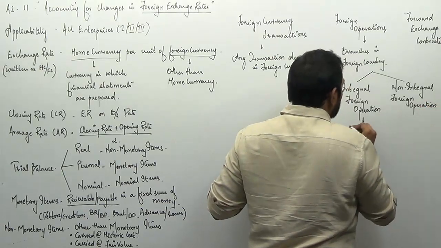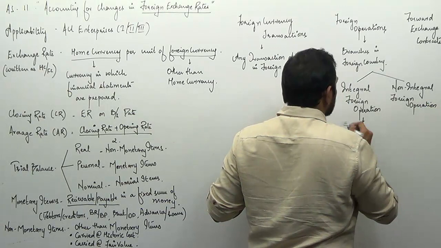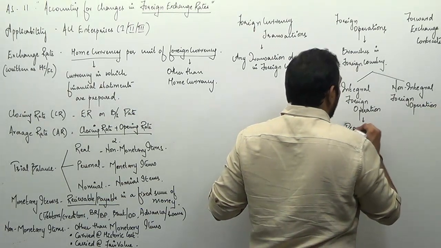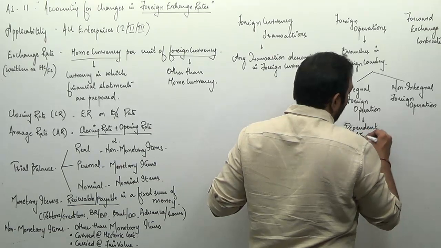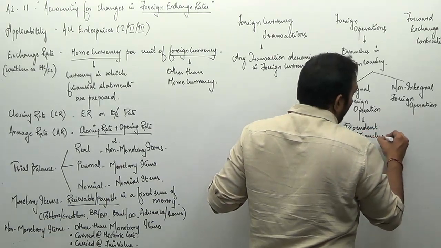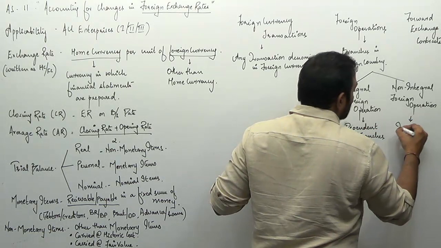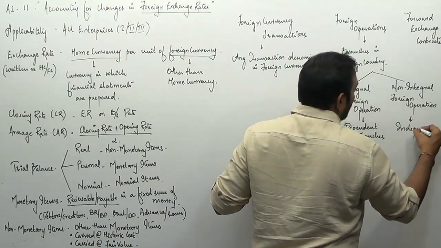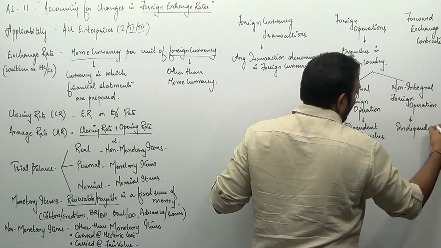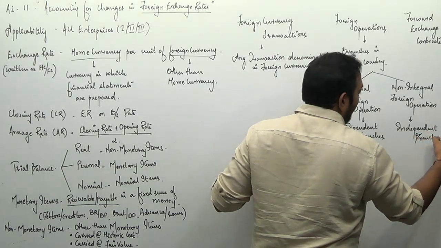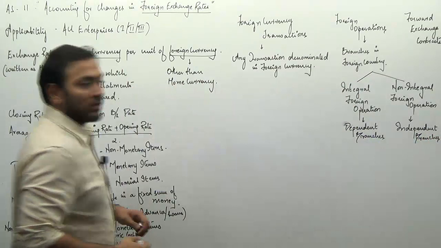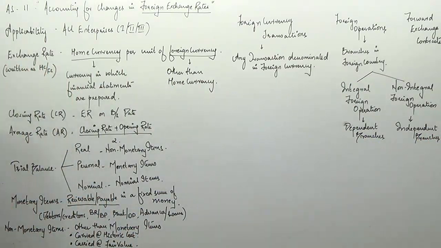Integral foreign operations are nothing but dependent branches, and non-integral are called independent branches. So this will give you dependent and independent branches.